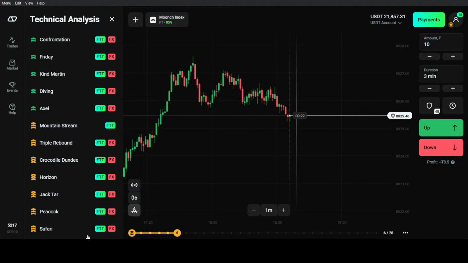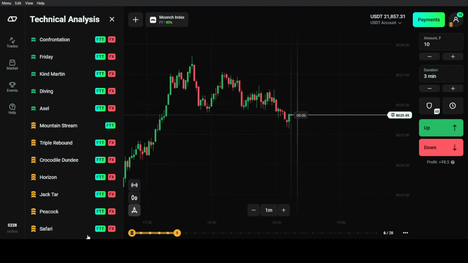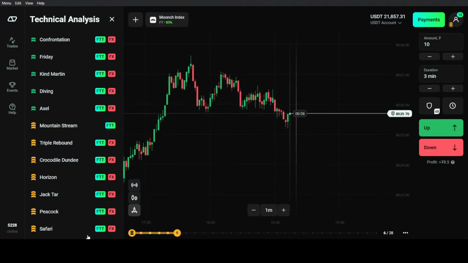Secondly, do not copy trade. While I am making trades, do not make trades at that time. Even though it's live, there is some slight delay, 30 to 40 seconds, between me making the trade and it being visible to you. That can impact the results as well. So do not copy trade.